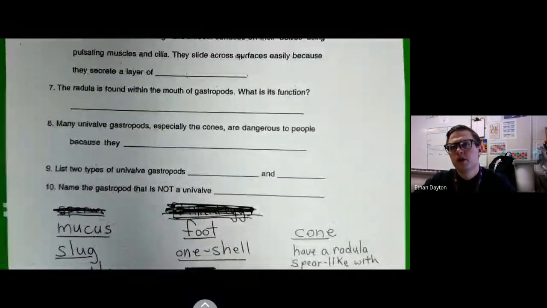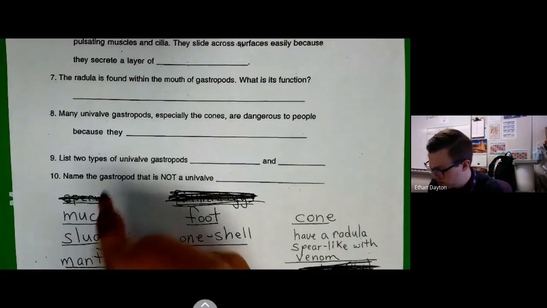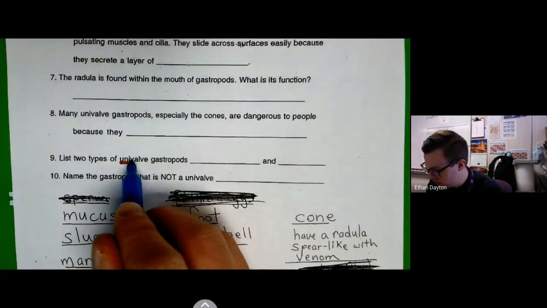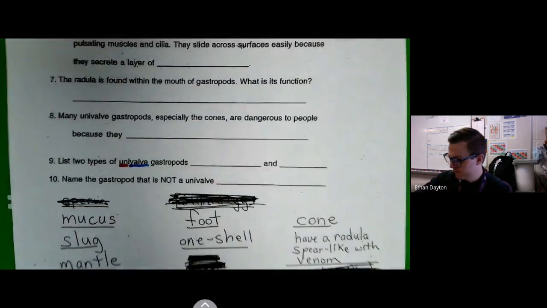List 2 types of univalve gastropods. So remember, univalve, what that means. 2 types of them.